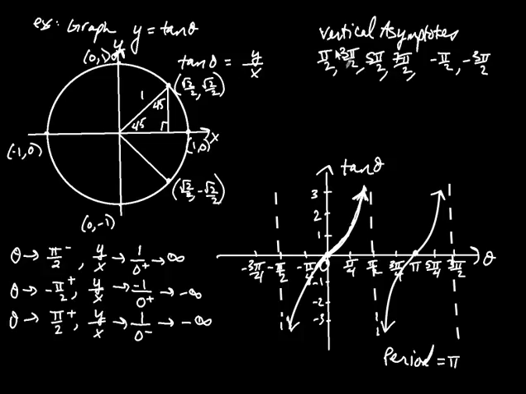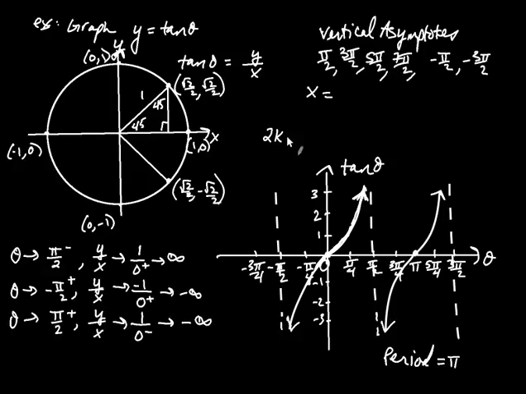Now what I'm doing is I'm listing odd multiples of pi over 2, right? 1 pi over 2, 3 pi over 2, 5 pi over 2, and so on. And we write that like this. Vertical asymptotes occur when x is equal to an odd multiple of pi over 2. Now, any even number can be written as 2 times k, where k is an integer. Like for example, 14 is 2 times 7, and 20 is 2 times 10.